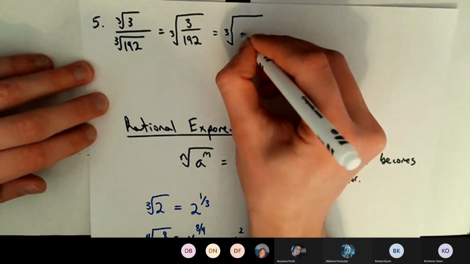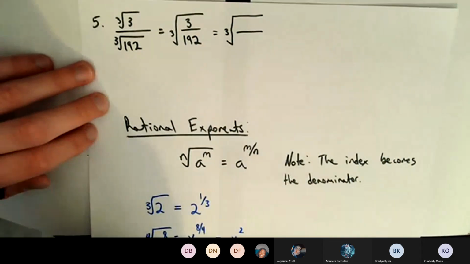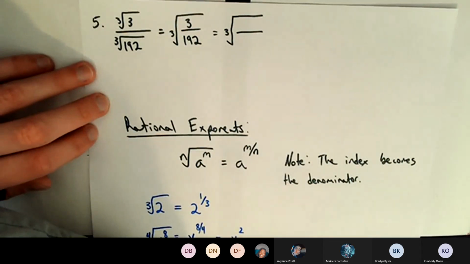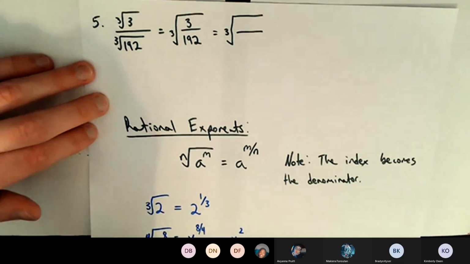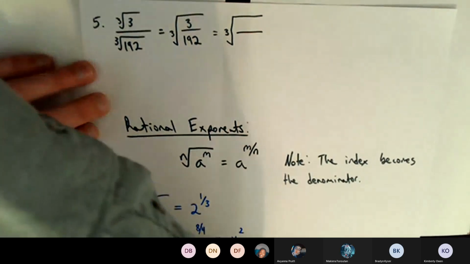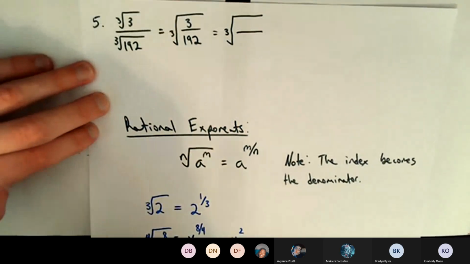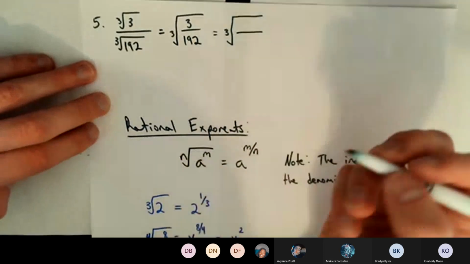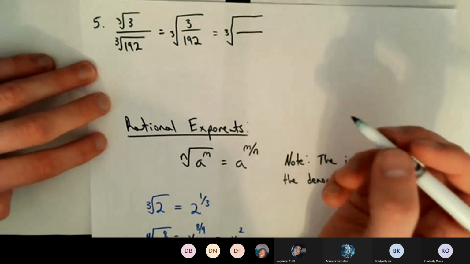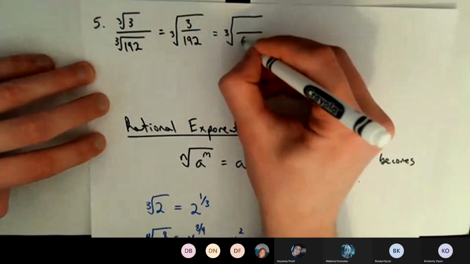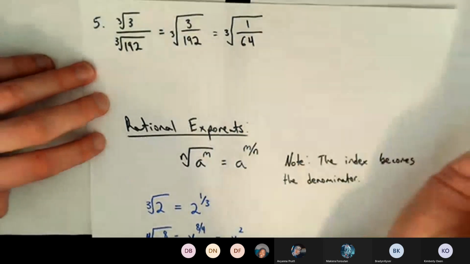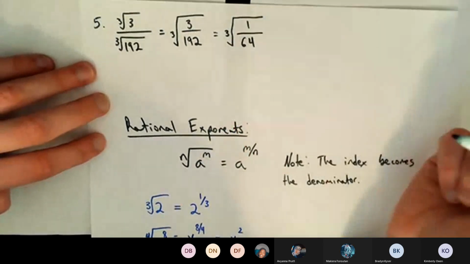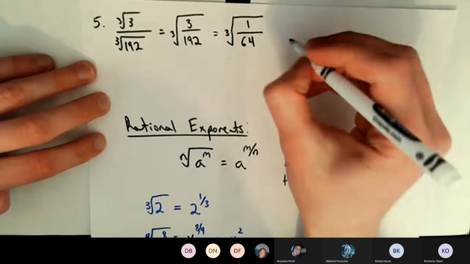So does anyone know what 3/192 simplifies into, or how you could figure it out? We can do 192 divided by 3, which will tell us what ends up in the bottom. And we see that the result is 64. So that means I would have a 64 in the bottom and a 1 up top. 3 goes into 192 64 times.